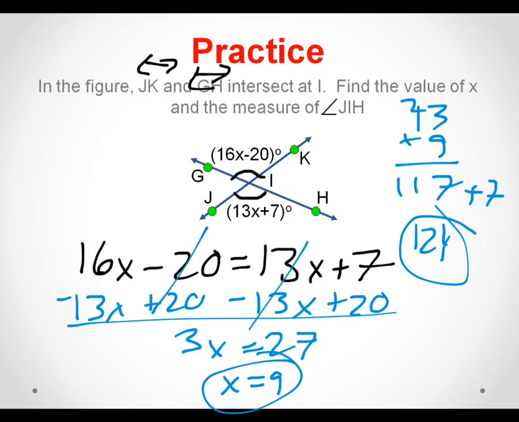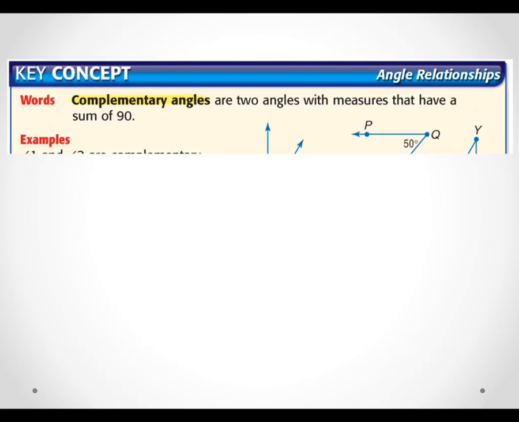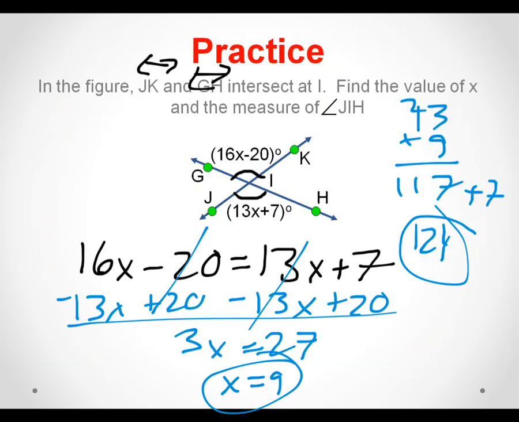I know that because vertical angles are equal. I could check my answer by plugging x into the other expression and making sure they get the same thing. I multiplied 9 by 13 here because since x is 9, to find out what this angle is equal to, I substituted back in and did this multiplication and then added.